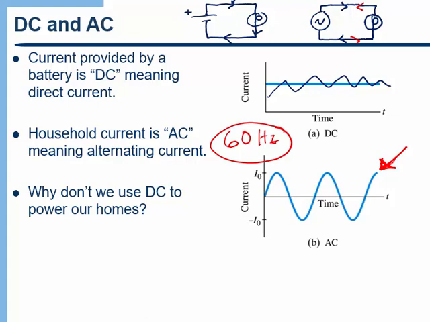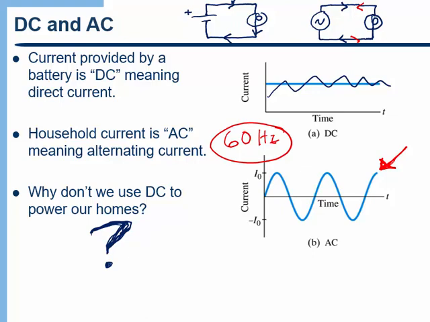Usually when I ask this question in class, a lot of people have some ideas, but usually people don't know the details of why it is. Oftentimes people will tell me that AC travels long distances better than DC. And that's actually not true.